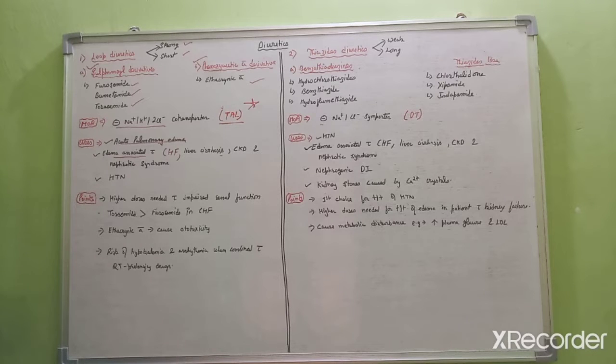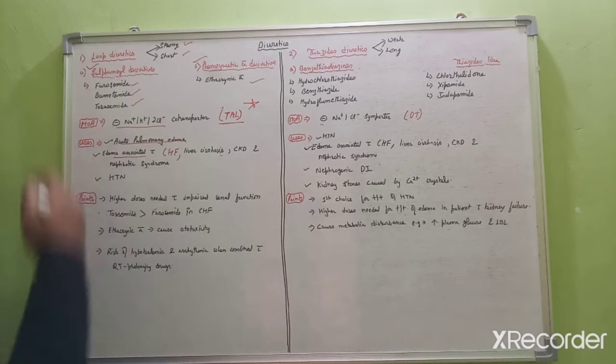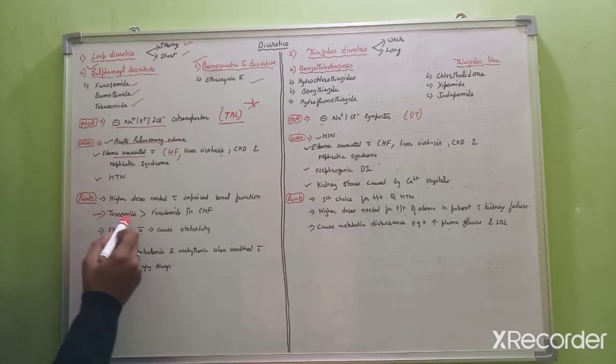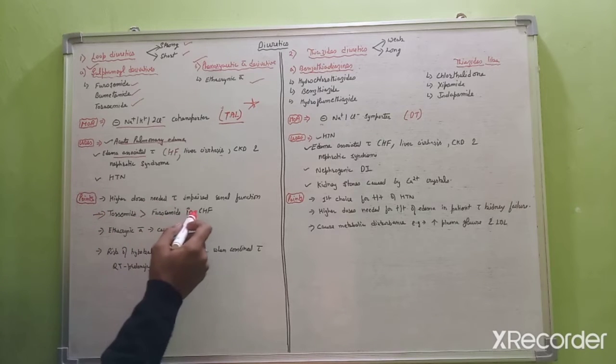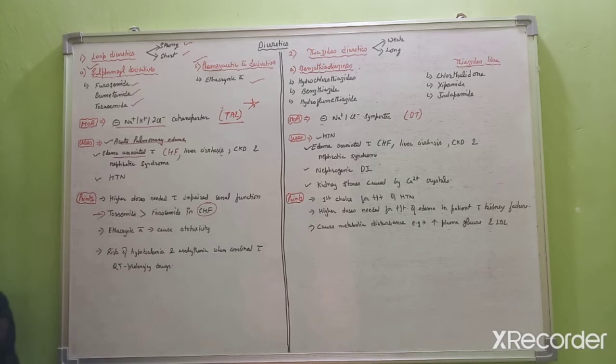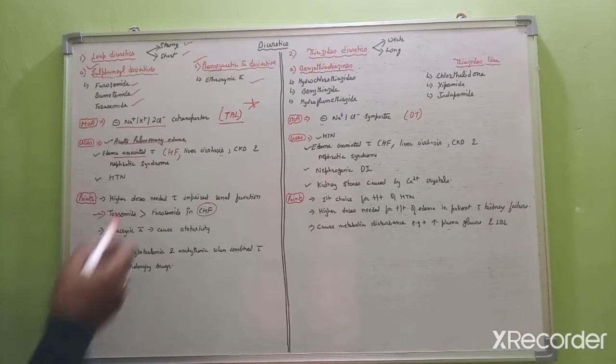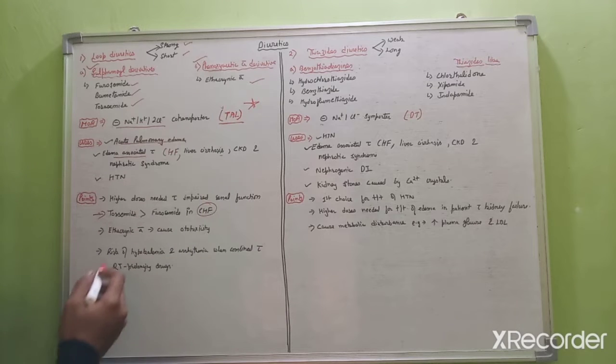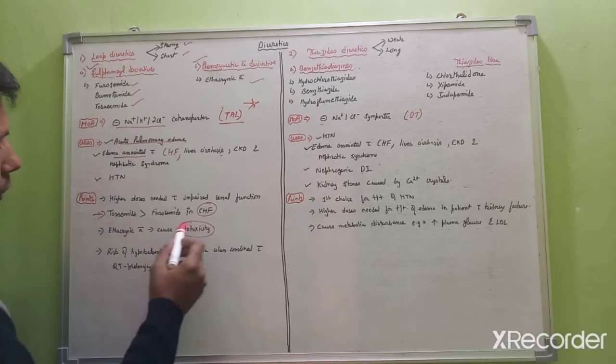Some points regarding loop diuretics: if a person on a loop diuretic has impaired renal function, we have to increase the dose of the loop diuretic. Torsemide is more effective than furosemide in CHF, which is seen clinically. Ethacrynic acid, the derivative of phenoxyacetic acid, is an ototoxic drug.